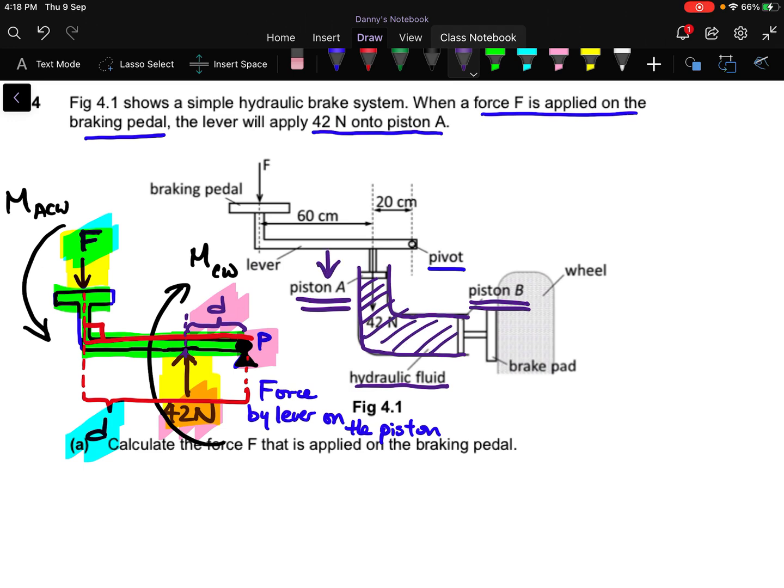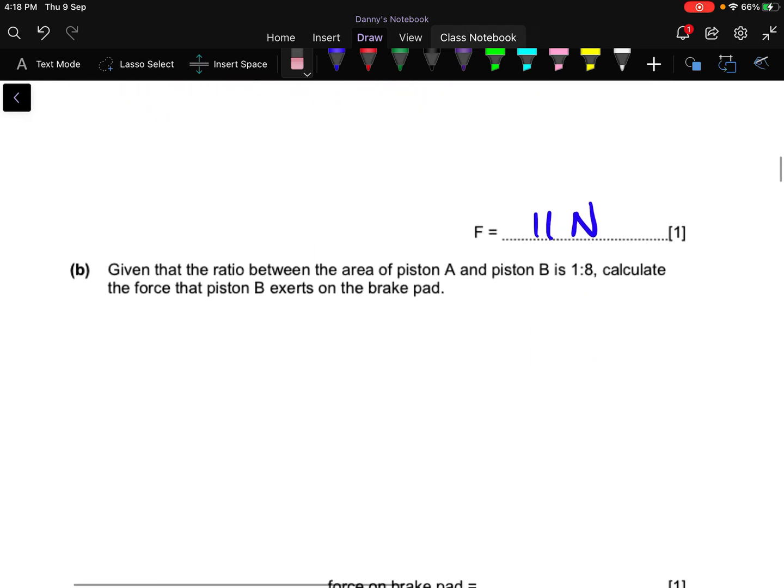So whatever pressure that you exert at piston A will be transferred to the pressure acting on piston B. So the pressure exerted by piston A will be transmitted to the pressure on piston B.